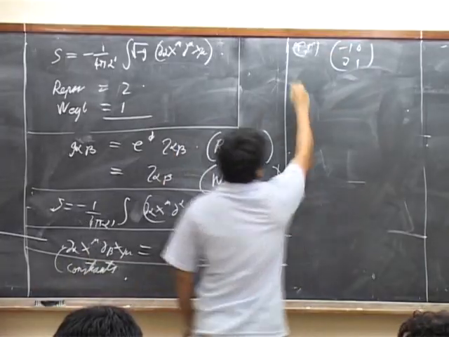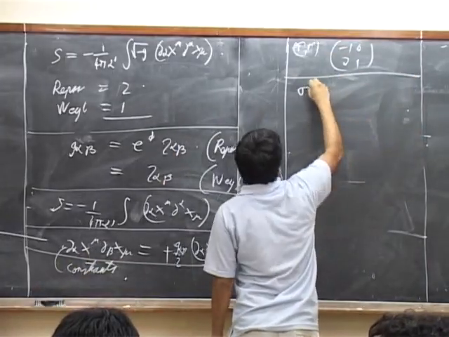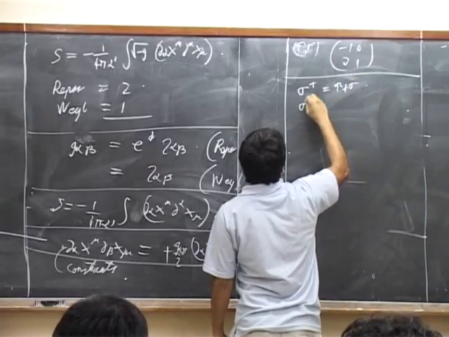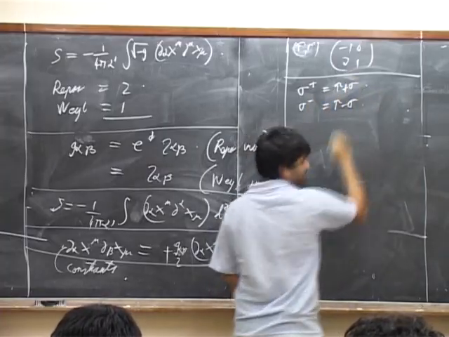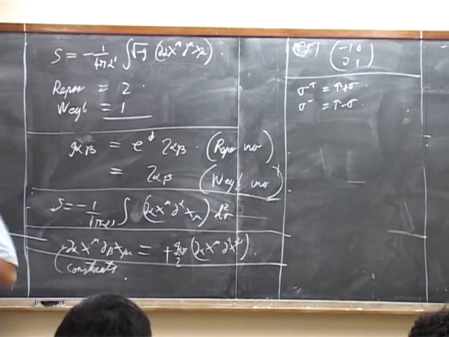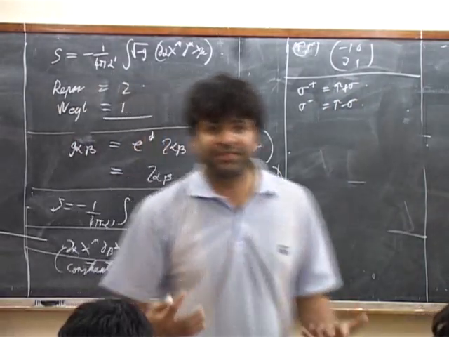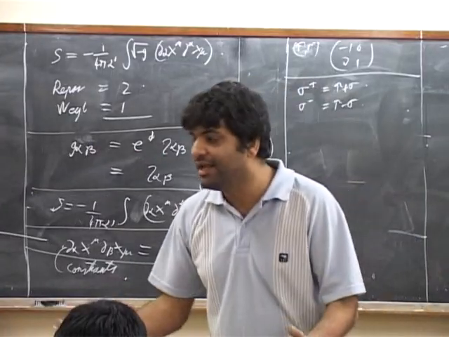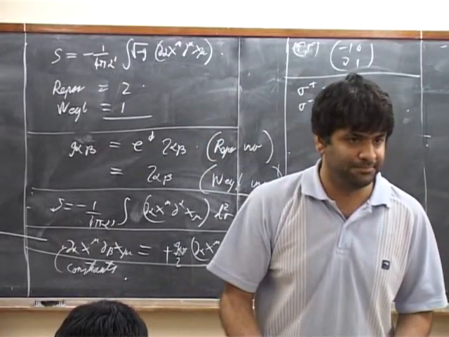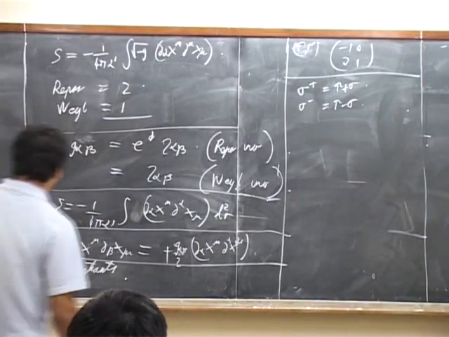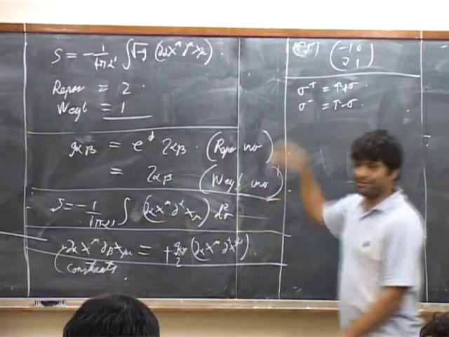Okay? But let's now move to a new set of coordinates, sigma plus, which is tau plus sigma, and sigma minus, which is tau minus sigma. And let's write everything on the worldsheet string, everything in the action, in terms of these variables. Every derivative in terms of derivatives for sigma plus and sigma minus. So we're going to transform this action into that form.